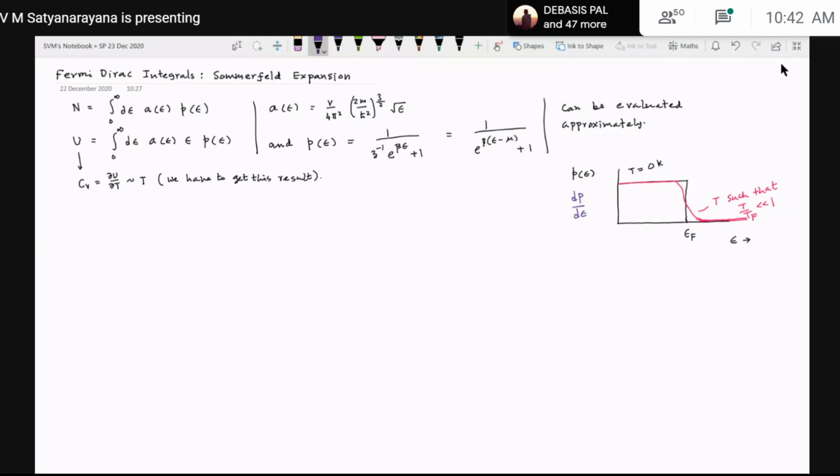So there is going to be a change in slope, and this change in slope is very steep. So if I plot this one, dP by dE will be 0 here, and it is also 0 here. Remember, the slope is decreasing; it's a negative slope. So you are going to have some kind of a dip like this. Okay, so this is the graph of dP by dE.